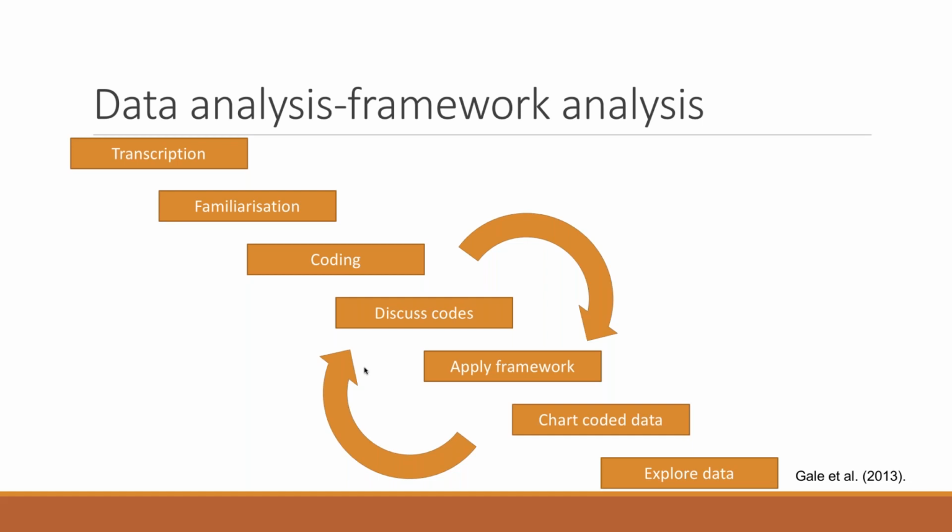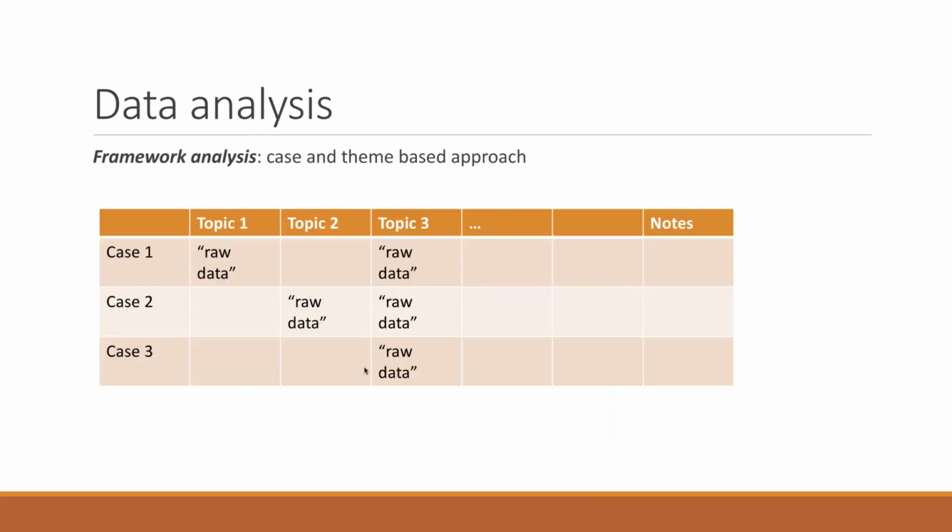And then we get into the stage of charting and exploring those connections, and framework normally allows you to do something that's similar to what's in this table. So you would normally have your topics, and these could be codes, or codes could be grouped even further across these different columns, as you see here. And then you would have your cases, and cases could be individual interviews, observations, documents, it could be many different things.